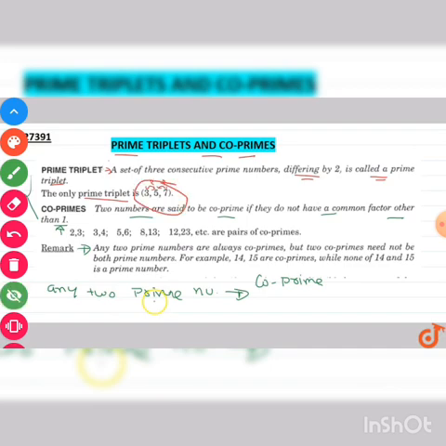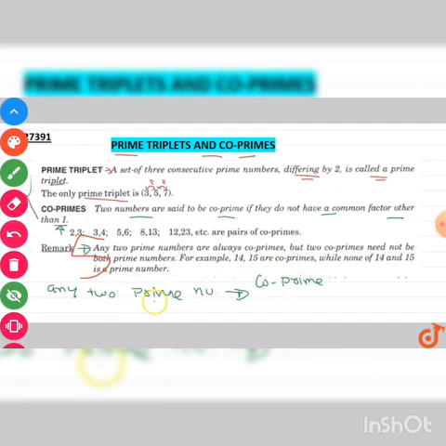If you see, the difference between 3 and 5 is 2 and the difference between 5 and 7 is 2.